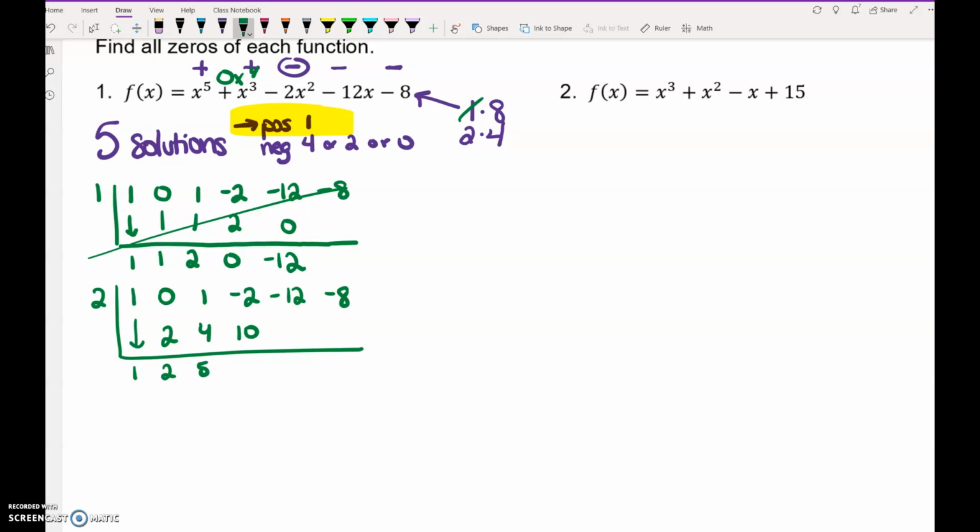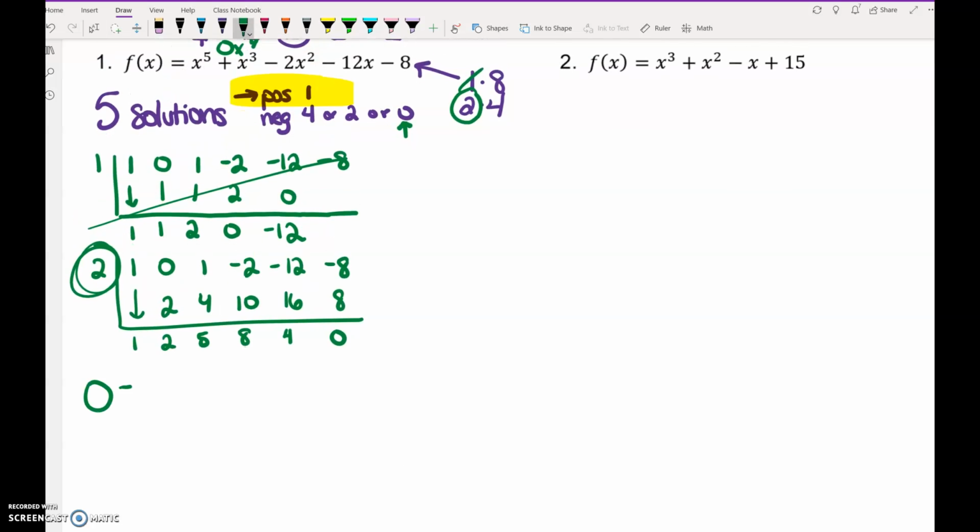How do you know when you test positives or negatives? Woohoo! Okay, we got 2 as a solution.